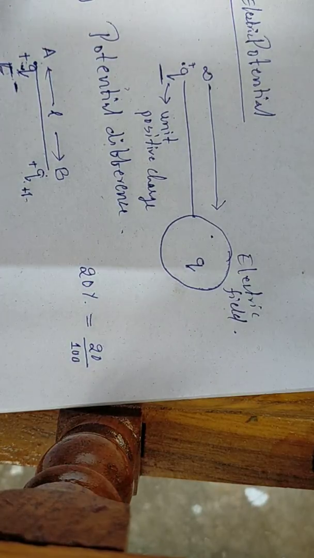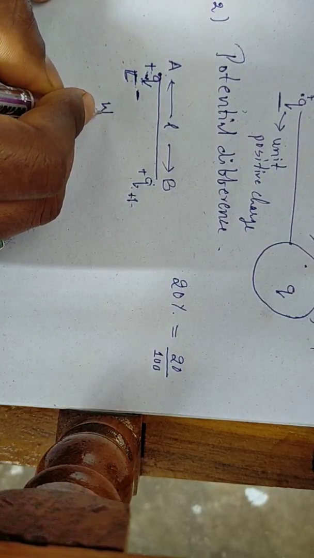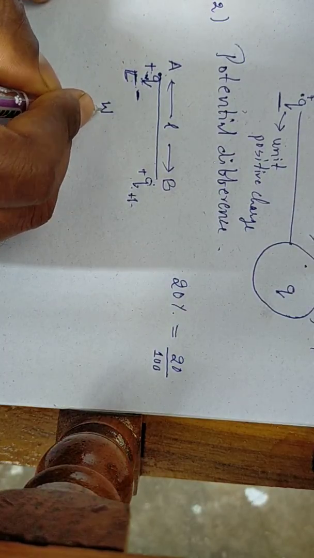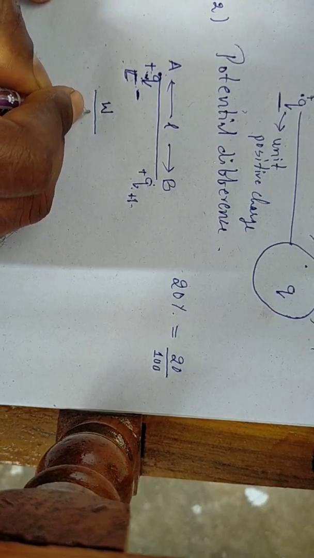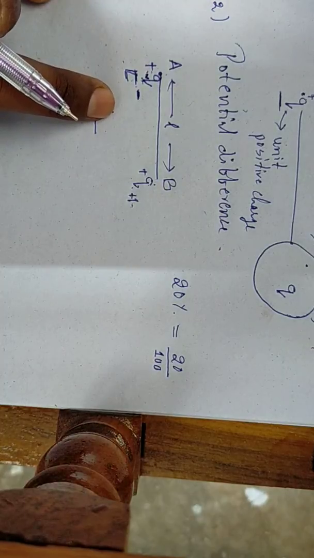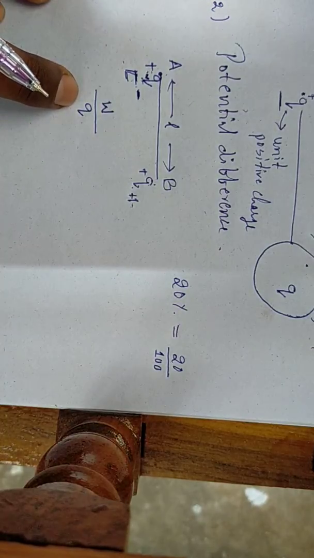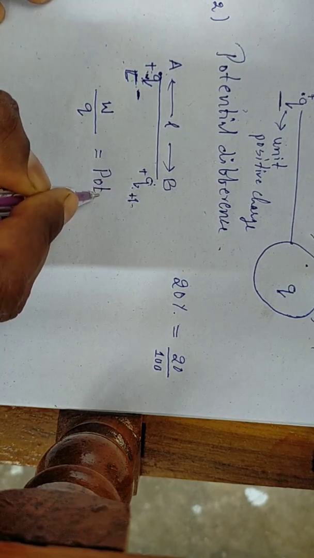Here, work done is generally denoted by W. Work done per, meaning divided by, unit positive charge. This is the unit positive charge. So work done per unit positive charge is called potential difference.